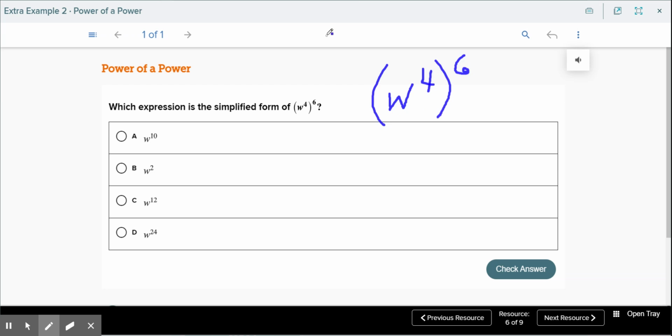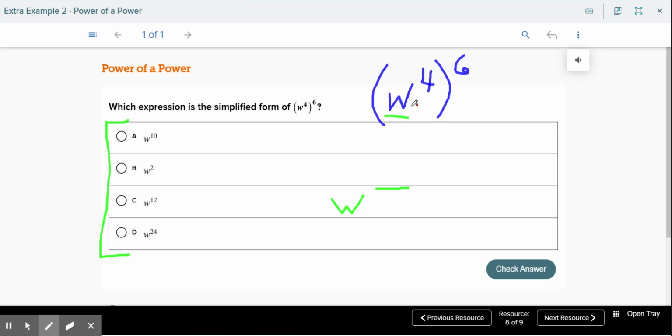So again, here our base number in our monomial is a variable. It is w. As you can see in all your answer choices, okay, our base number stays the same. We're still looking at w. What we need to find is what our exponent would be.